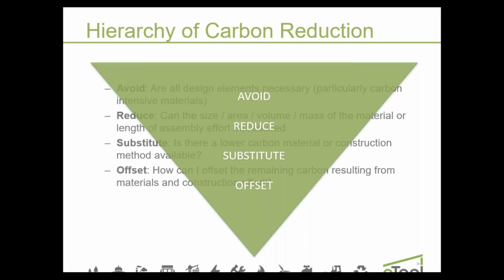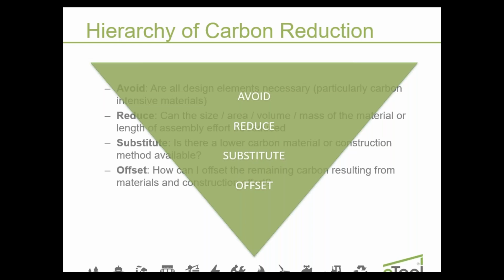And so there are 4 simple steps as a hierarchy of carbon reduction that you could follow and remember. The first one is simply to avoid carbon intense products and materials. Secondly is to reduce. So try to reduce areas that are not necessary in your building, that maybe are just nice to have, but will use unnecessary material that would produce this carbon.